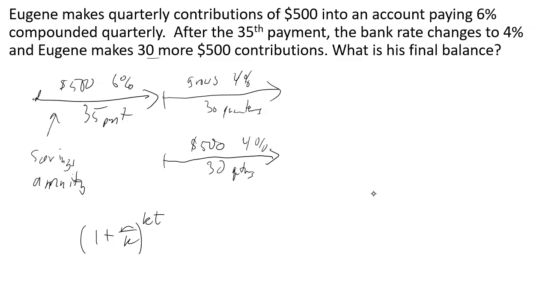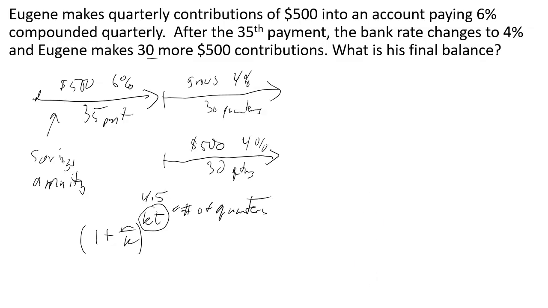And if it was quarterly, quarterly is 4, and let's say it was for 5 years, then we'd have 4 times 5 is 20. And what is that 20? It's 20 quarters: 5 years, 4 quarters in a year is 20 quarters. So the K and the T together is the number of quarters.